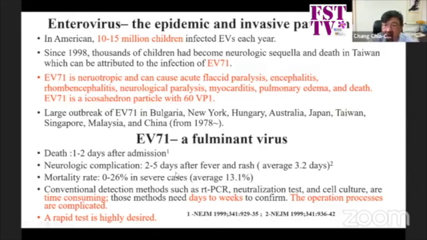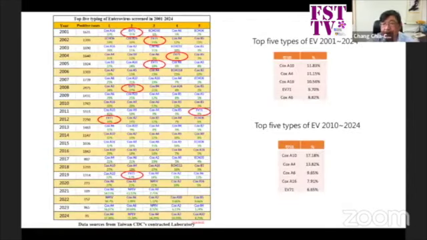Okay, so we use this system, and before that, here is the statistical data provided by the Taiwan CDC, because we collaborate with them. Here you can find the top 5 typings of enterovirus from 2001 until 2024, and EV71 in previous years was high.